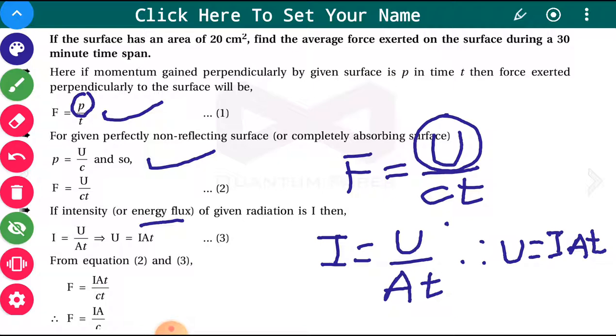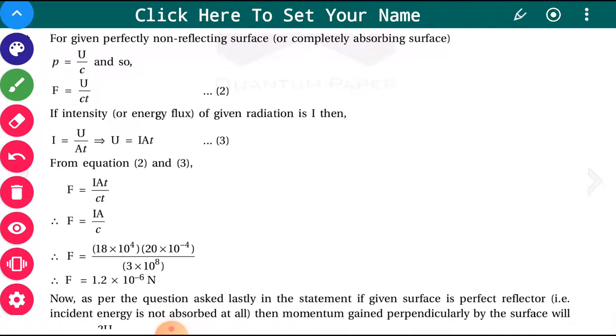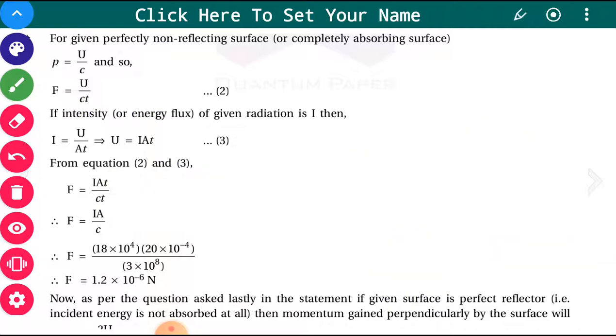So F, that is force, is nothing but IAT upon CT, and T will be cancelled out. So it becomes IA upon C.